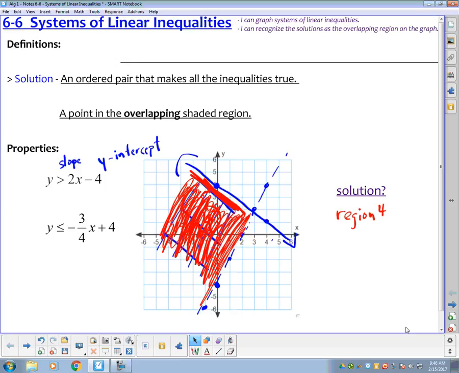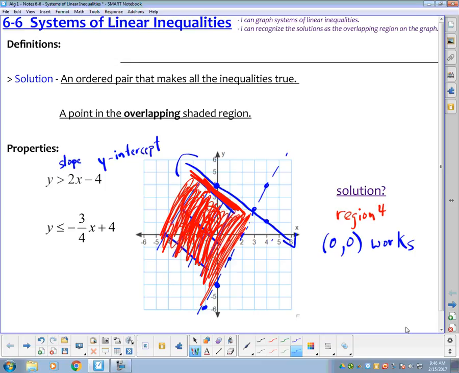So what's the coordinate of the origin? 0, 0, right? So 0, 0 works. Is that the only thing that's going to work? No. How many points are there in this region? A whole lot. An infinite number, right?